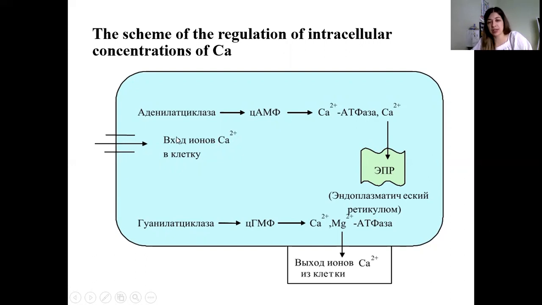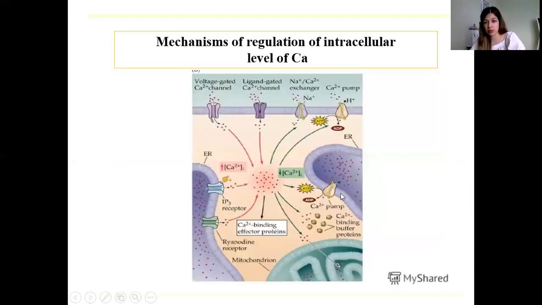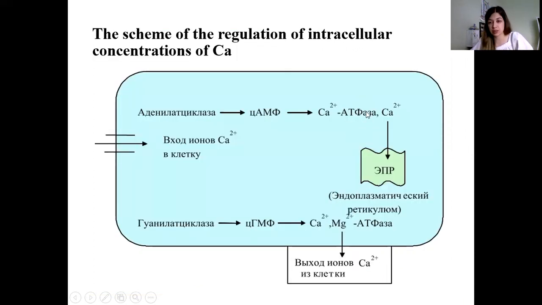Then inside of the cell we have adenylate cyclase, which produces cAMP and then activates the calcium ATPase, which brings calcium inside the endoplasmic reticulum. Once again, remember, cAMP activates the calcium pump, calcium ATPase. This is called calcium ATPase, the same calcium pump. Calcium goes inside the endoplasmic reticulum for the storage.